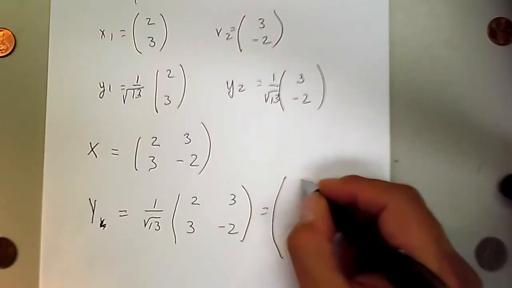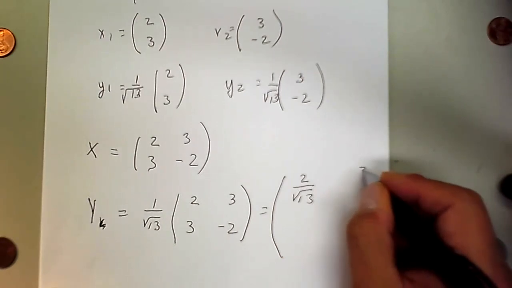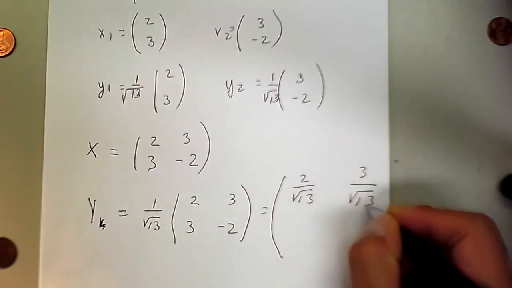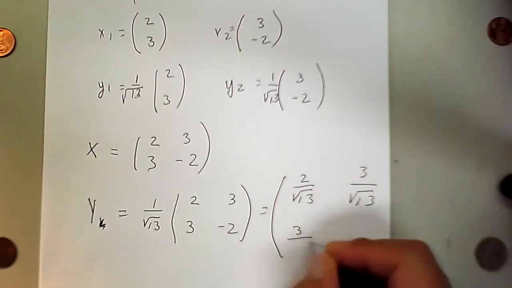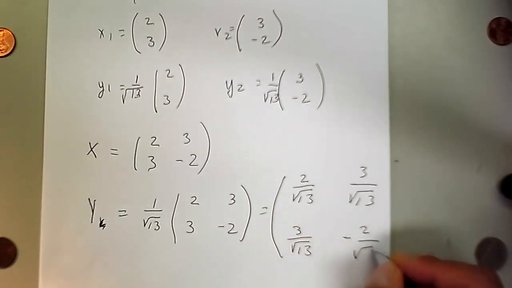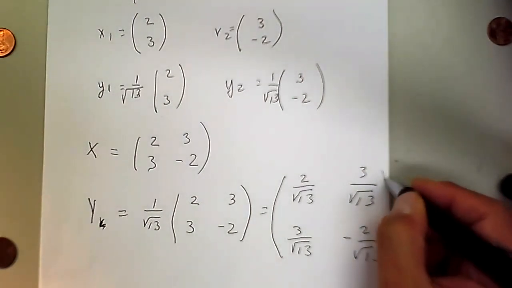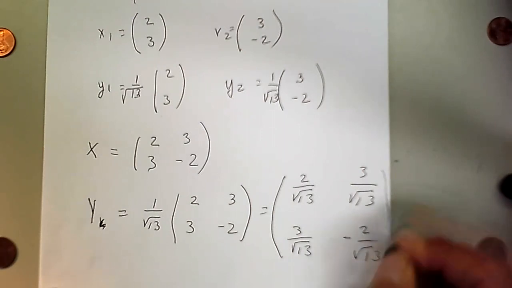We could write 2 over the square root of 13, 3 over the square root of 13, 3 over the square root of 13, negative 2 over the square root of 13. But I'm going to do this instead.